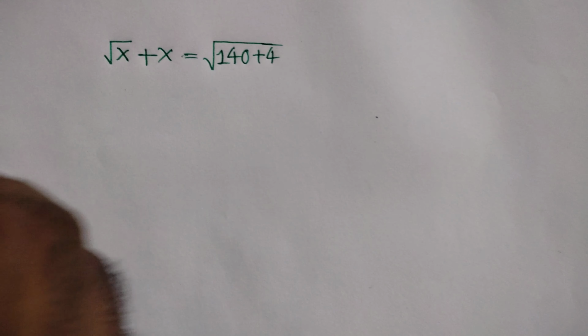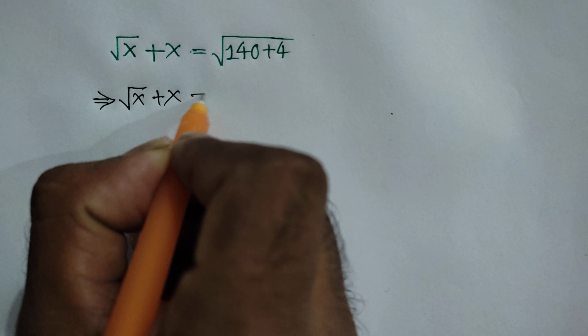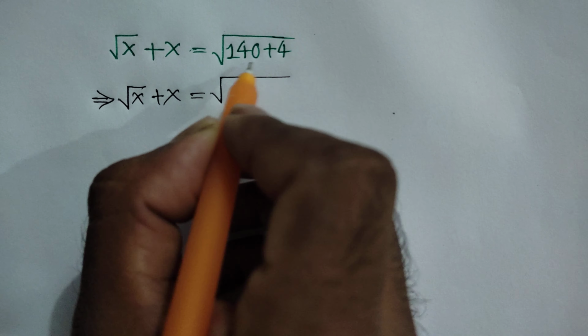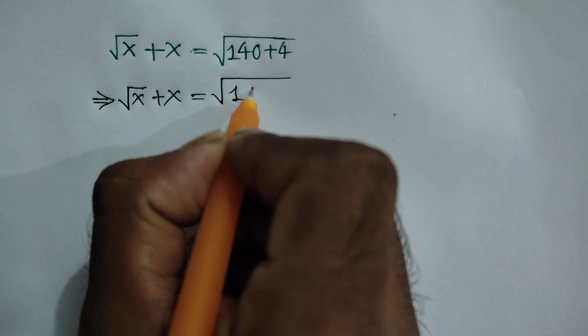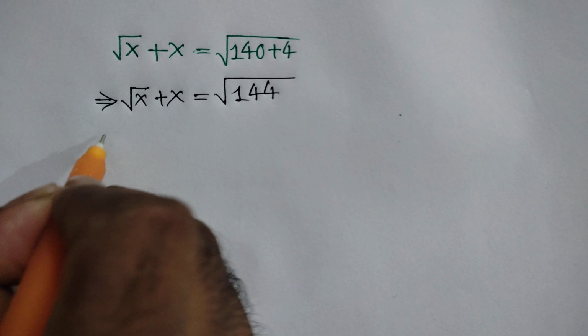Or we can write here square root of x plus x is equal to square root of 140 plus 4, which is 144.